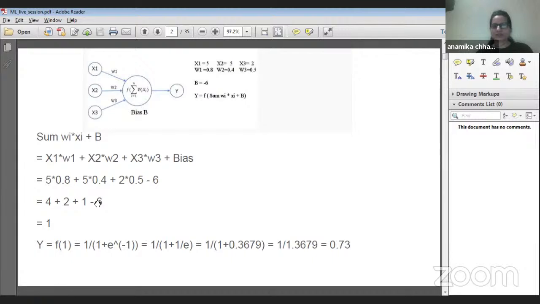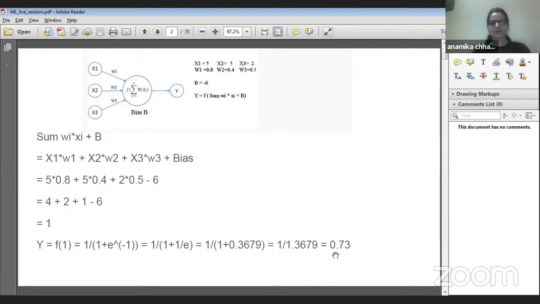That's the weighted input, and that will be fed to the function f, which is the sigmoid function. So 1 will be fed to the sigmoid function. When we input 1, we get 1 over 1 plus e to the minus 1, and that comes out to be 0.73, right?